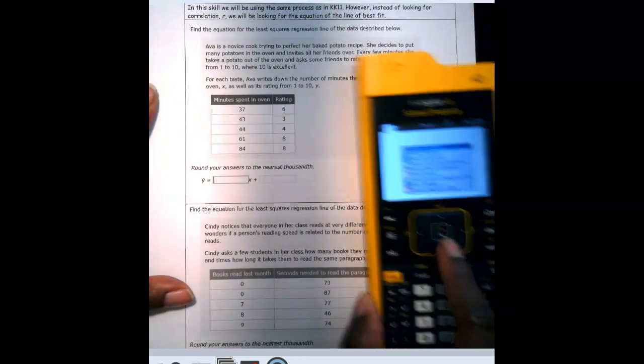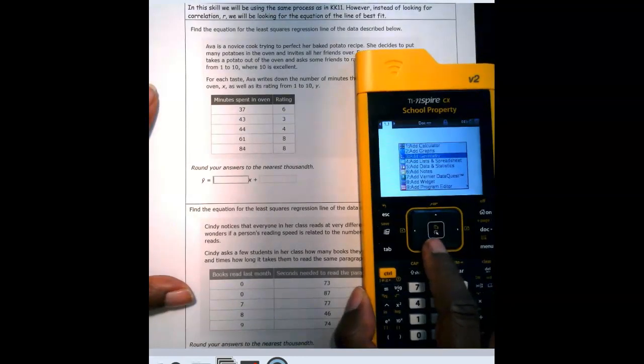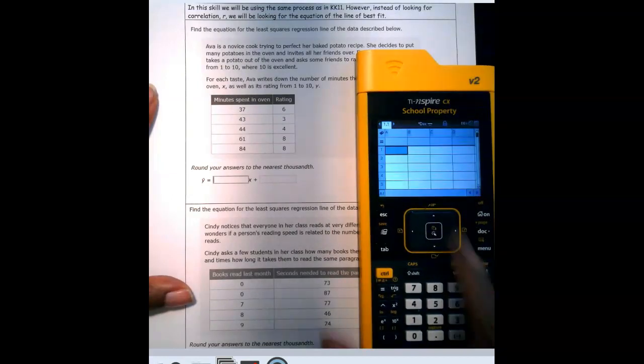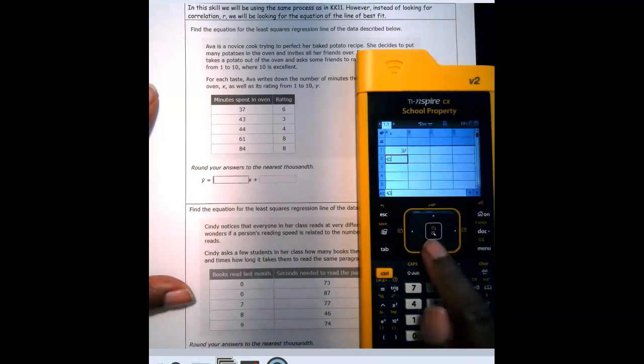So we're going to go ahead and go to add lists and spreadsheets. I went past it. Hit enter. I'm still just going to use X and Y because it would take me too long to type in the other things, but you may type them in if you like.